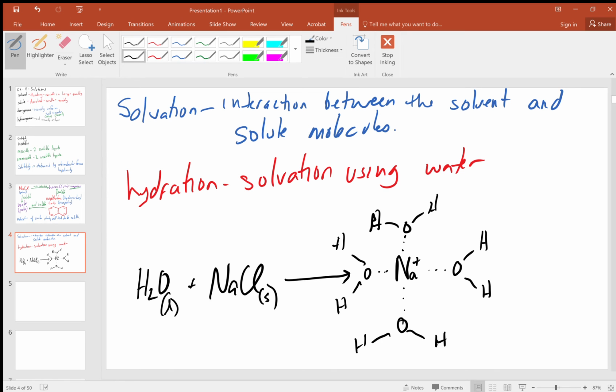That allows sodium chloride to be soluble in water. But if you tried adding sodium chloride to hexane, hexane's not polar, and there's nothing in hexane that can attract away the sodium and chloride ions, so they choose to stay together, and it doesn't dissolve.